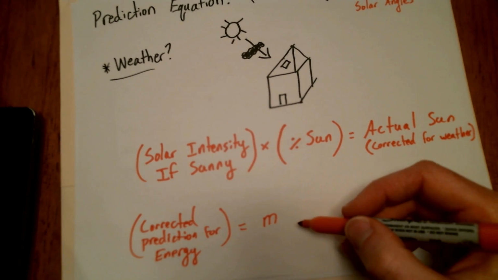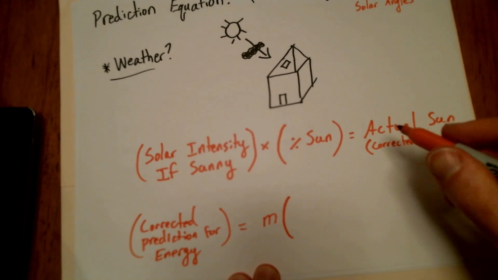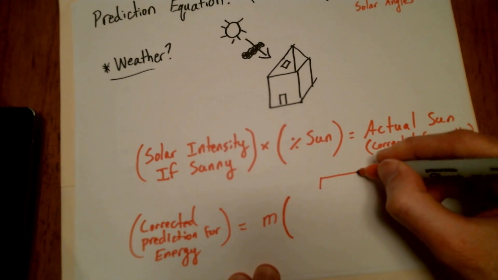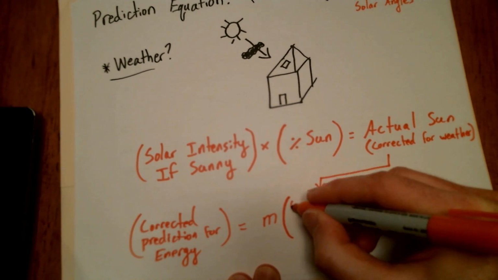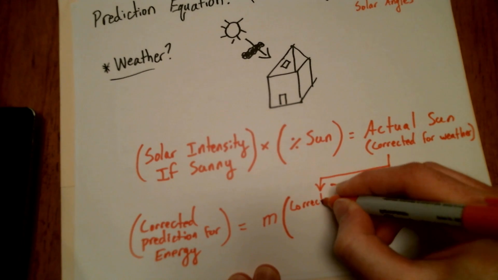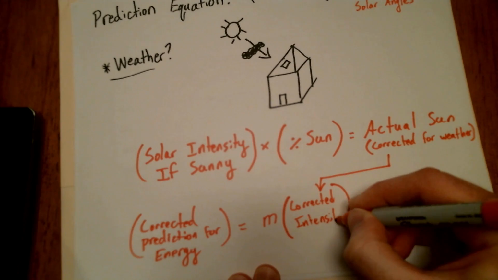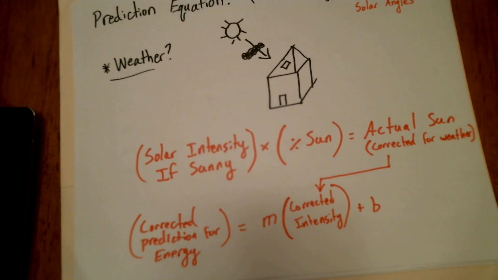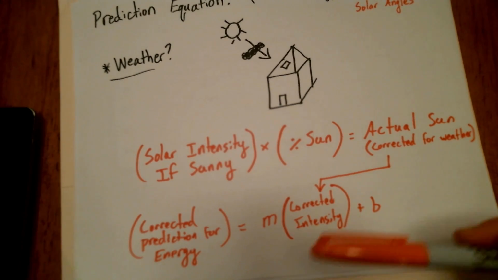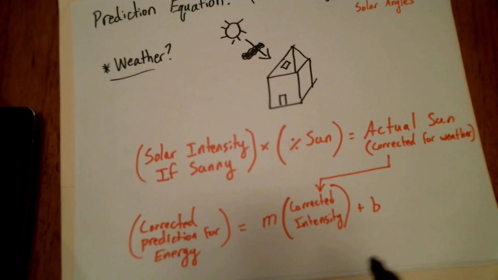We'll use that same slope value that you found and calculated recently, and instead we'll be using this for our corrected intensity. And we'll still be using that same y-intercept value. So it's the same equation. We're just using the weather information to change what we think of when we think of how much sunlight is actually hitting our panels.